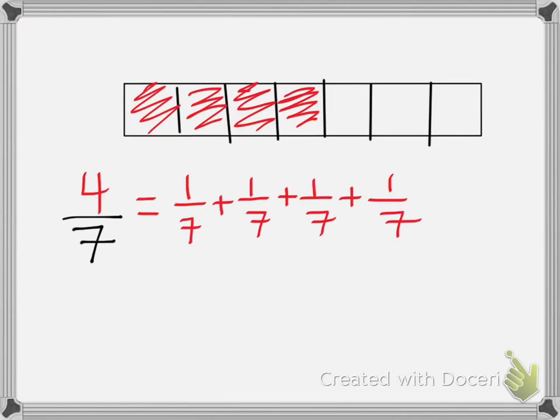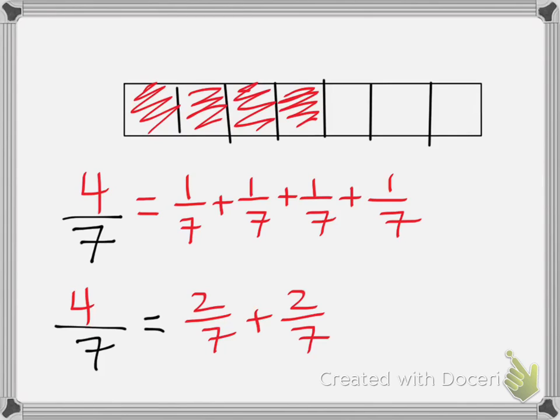Or I can decompose this in another way. I can do 2/7 plus 2/7, right? Because that makes 4 as the numerator. So that is something that you'll see on your quiz in addition, just decomposing fractions in different ways.